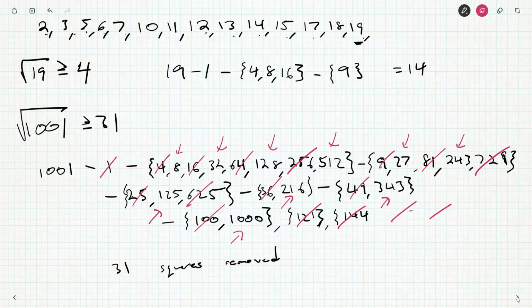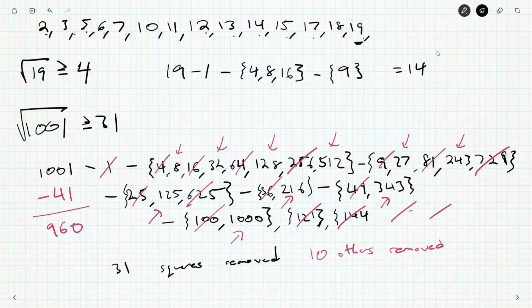So that's 1, 2, 3, 4, 5, 6, 7, 8, 9, 10. 10 others removed as well. So we remove 41 of these guys. So 1001 minus 41. So he should be in the 960th position. Okay.